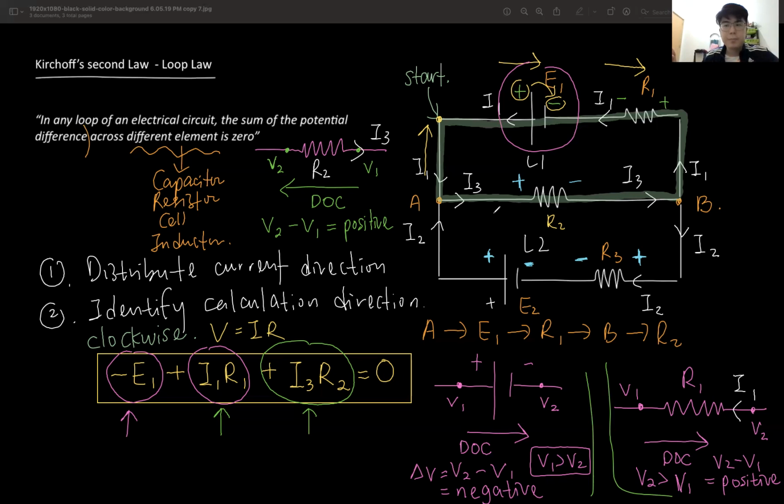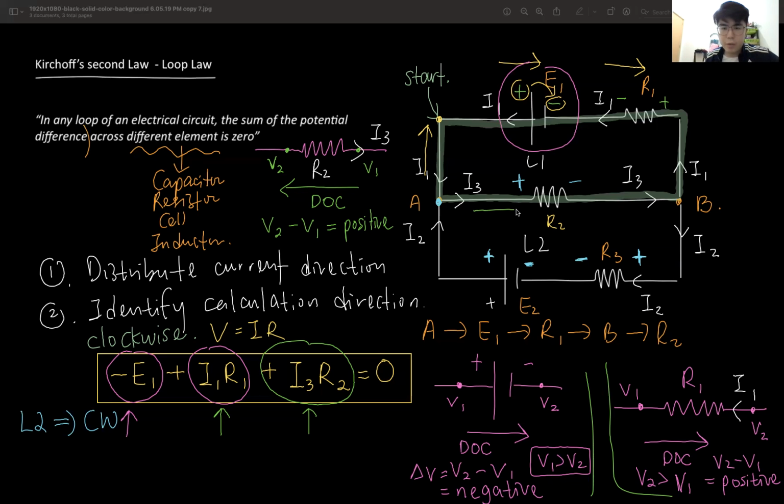You want to stick to it for the entire loop. Choose one, whether you want to go clockwise or anti-clockwise. Now let's say I choose clockwise. So I'm going to write loop 2, clockwise direction of calculation. Pick one point to start. I start from point A.